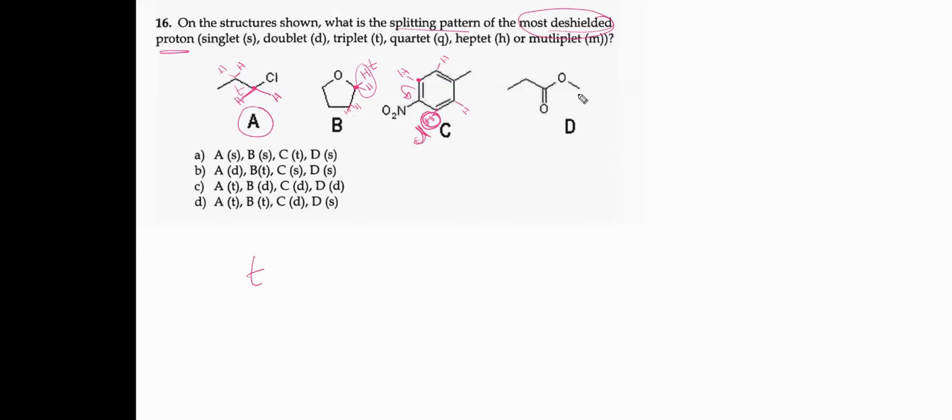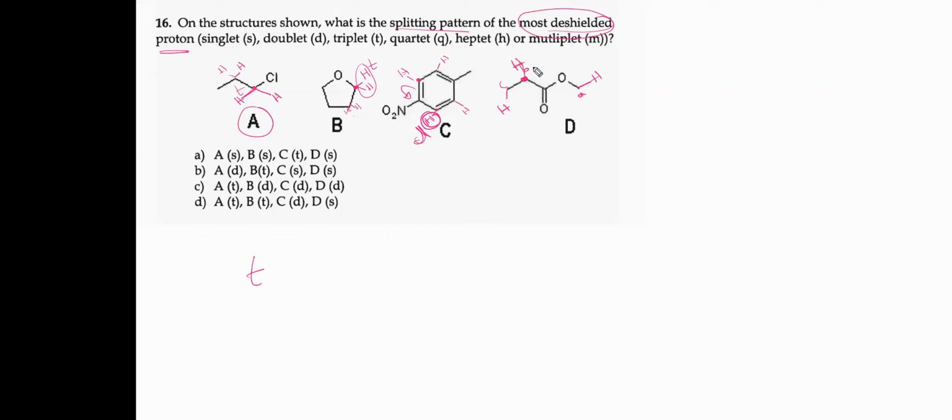And here, between A, B, and C, which is the most de-shielded hydrogen, not carbon, hydrogen? A, exactly. This carbon's hydrogen.